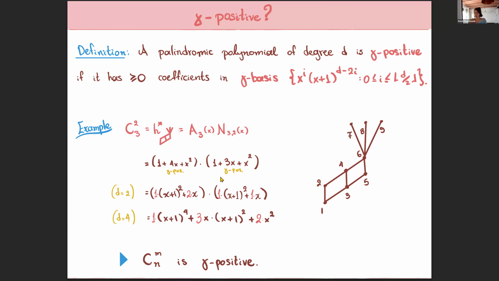The same for the Narayana polynomials, they're also gamma positive, and in this expression, I get the coefficients 1 and 1. So I can combine the two and conclude that the Canon polynomials are gamma positive. For this example, I can make the computation and I get the coefficients 1, 3, and 2.